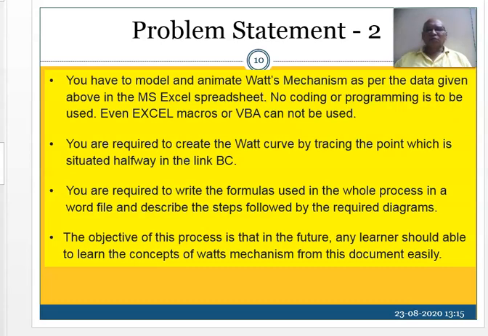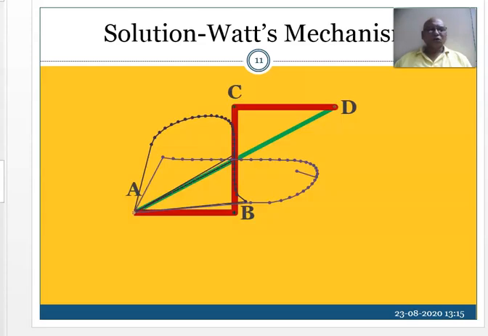The objective of this process is that in future any learner should be able to learn the concept of the Watt mechanism from this document easily. So this solution diagram is also given. This is how it should look like, and this is required to model and animate.